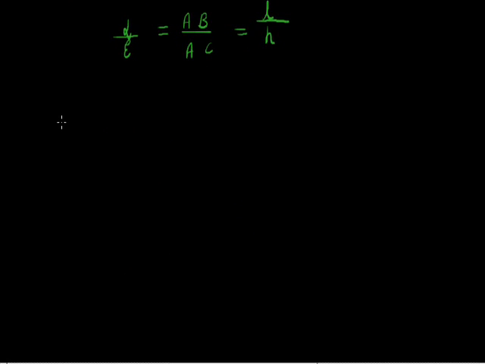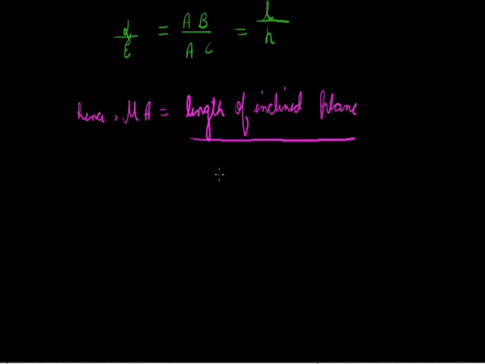So in the case of an inclined plane we conclude that mechanical advantage is length of inclined plane upon height of plane. That's all for the simple machines.